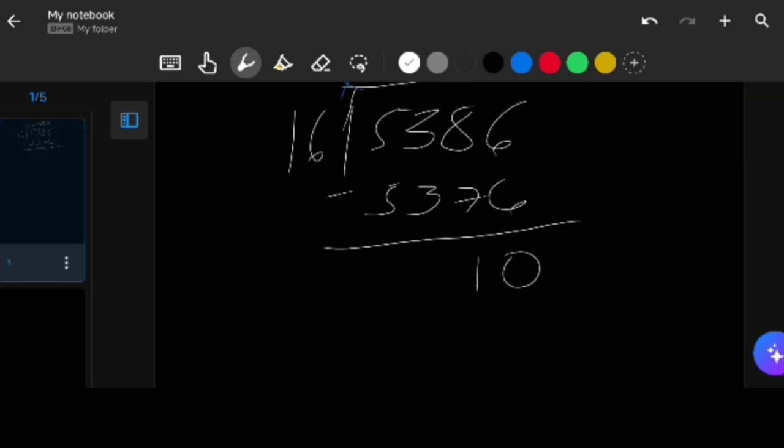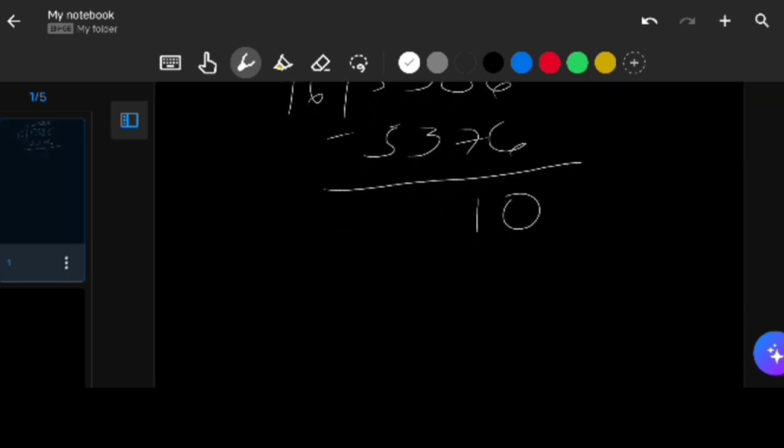That's right. So our first remainder is 10, but in hexadecimal we don't write it just as 10. Instead, we represent 10 as the letter A. So, our first remainder is A.